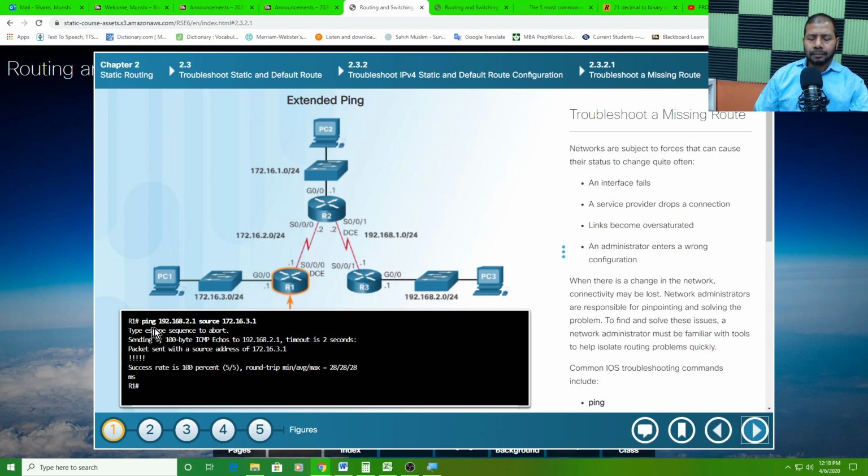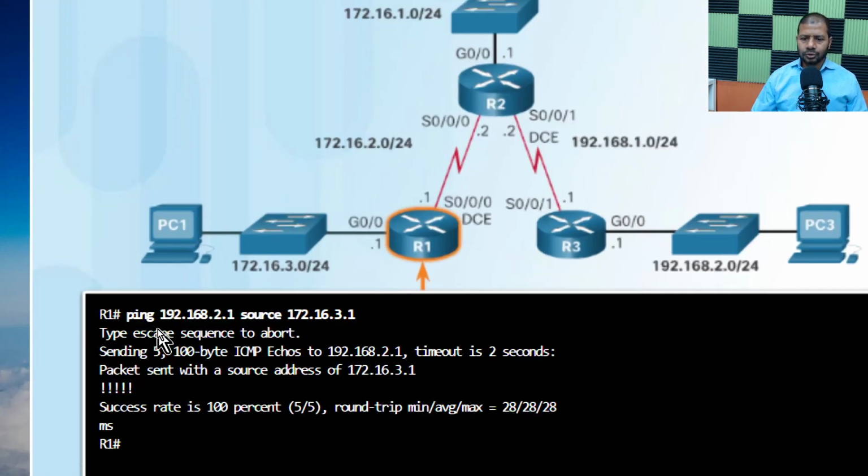For troubleshooting, we already know that we do the ping. We have done this many times in the class. We know that if there's an exclamation mark, that means success, and if there's a dot instead, that is not success.